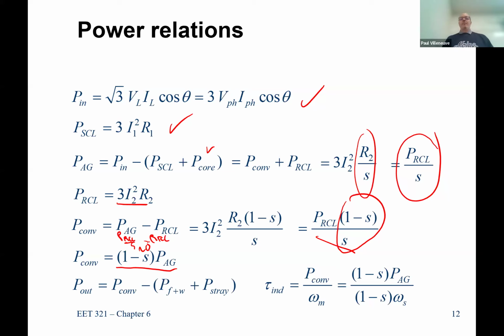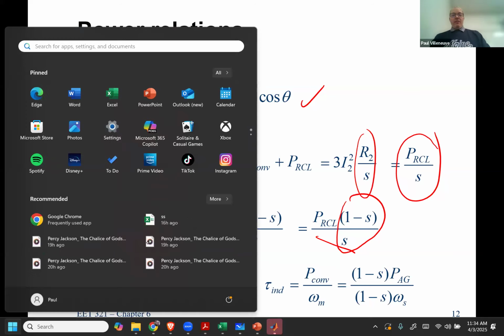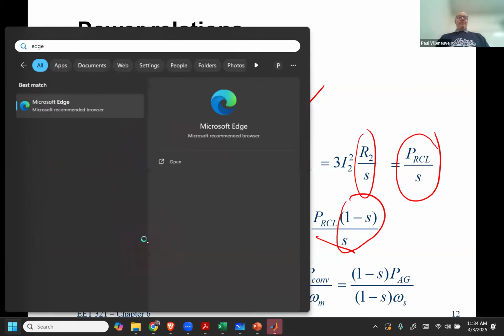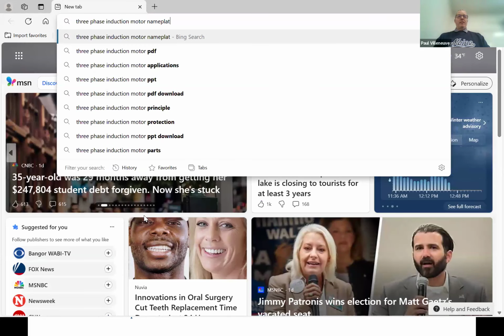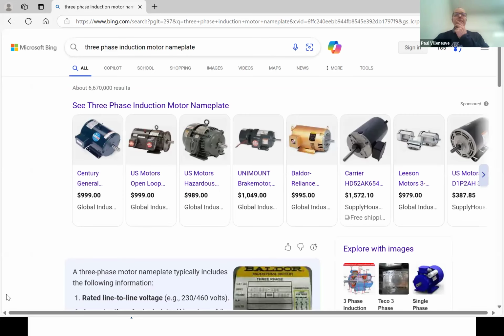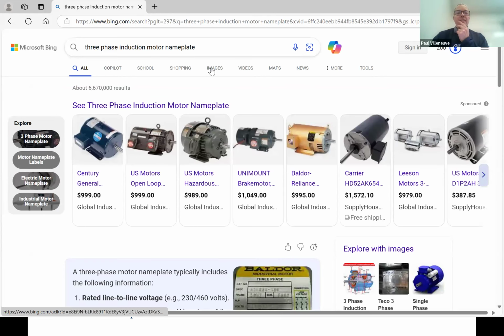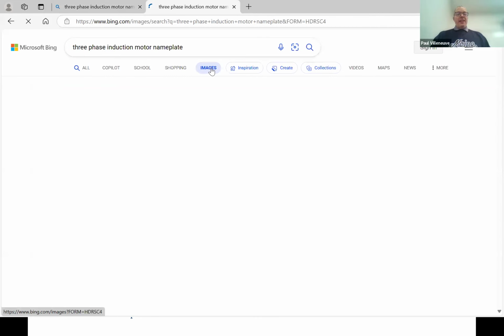So with that being said, where do you think you tend to operate these machines? As fast as possible, as close to sync speed as possible. So let's look at some nameplates for some induction motors. Let's see if we can find some operating speeds.